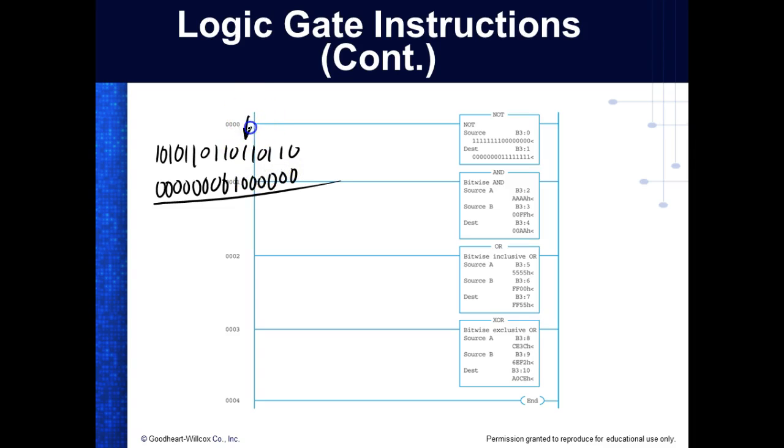No matter what this bit was, whether it's a 0 or 1, it would always end up a 1 in my answer. So basically, rule of thumb: we use an AND mask to make sure certain bits in the word are cleared. We use an OR mask to make sure certain bits in the word are what? Set.